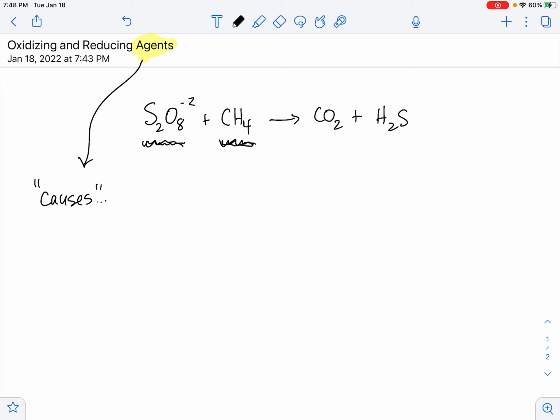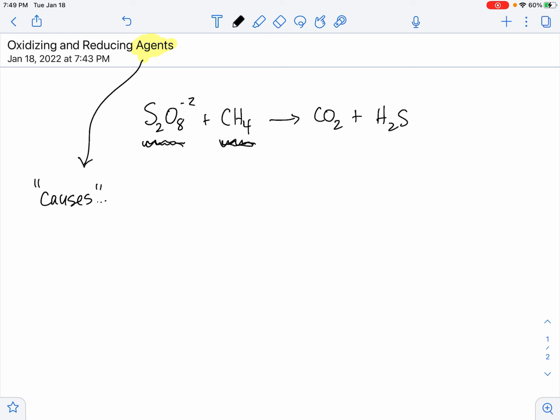You have to stop and think that the agent causes something to happen. So if I'm referring to these two reactants, one of them is going to be the oxidizing agent and one of them is going to be the reducing agent. The oxidizing agent will be the one that contains the atom that reduces, and the reducing agent will be the one that has the atom that is going to oxidize.